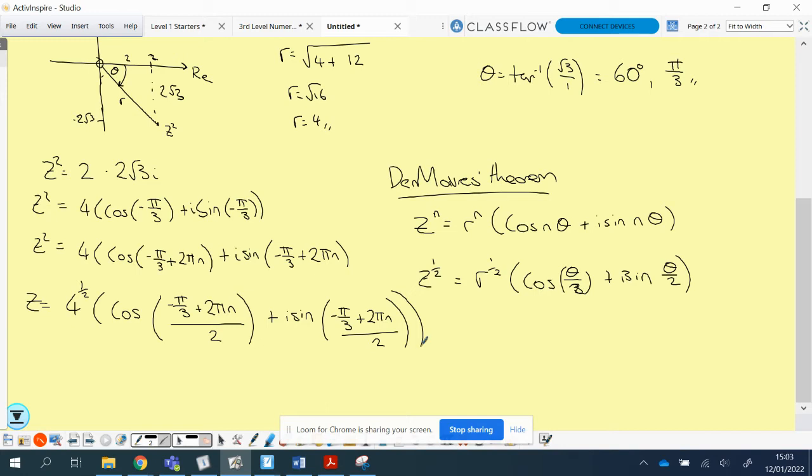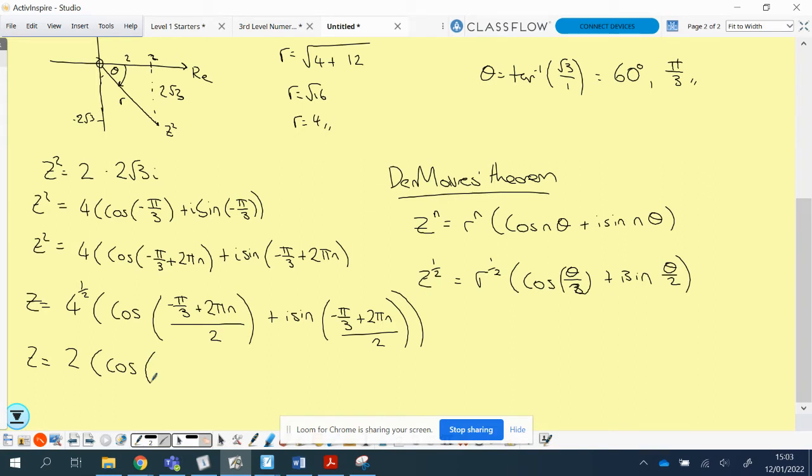Now what we can do is tidy this up before we go any further. So 4 to the power of half, well, the square root of 4 is 2. So that gives me 2 cos.